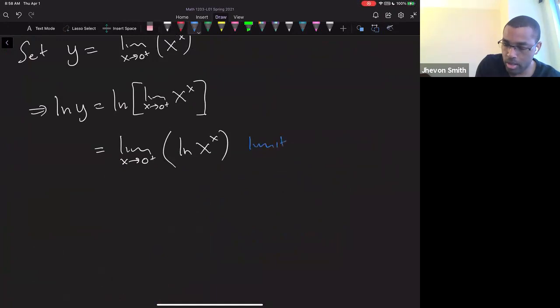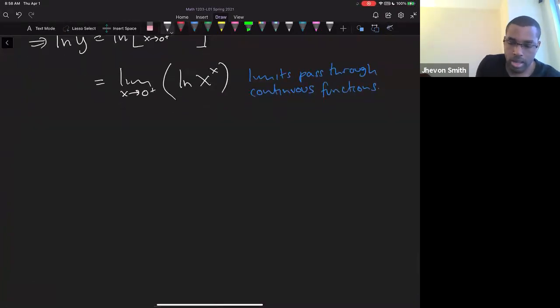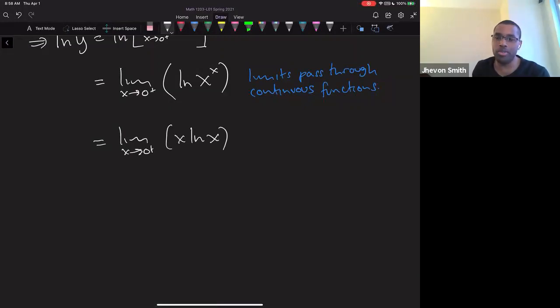Limits pass through continuous functions. Now I can do that thing where boom, boom, boom, can move the x down. And look at that, it's our old friend.